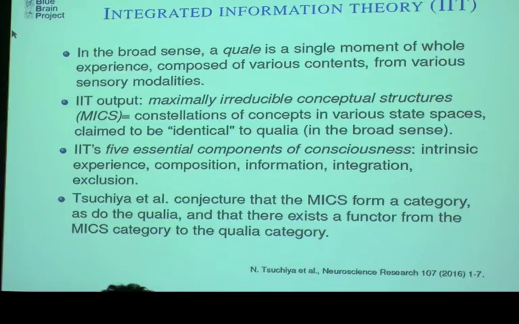And then these guys conjectured that the concepts should form a category and described sort of what the morphisms might be and composition, and that the qualia should as well. And there they said, well, the morphisms, we don't know. And maybe there's a functor between this more convincing category and the less convincing maybe category. These people are neutral on whether this IIT is actually correct.